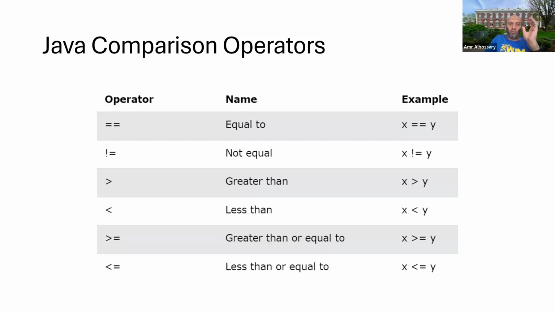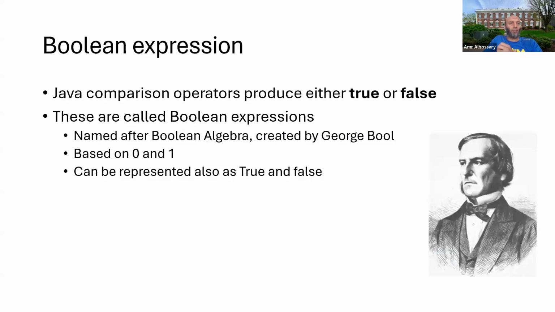So from here is a new lecture. Java comparison operators produce an expression called a logical expression, which evaluates to either true or false. These logical expressions are also called Boolean expressions.